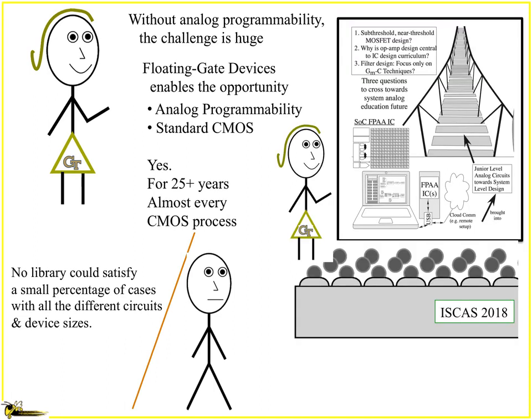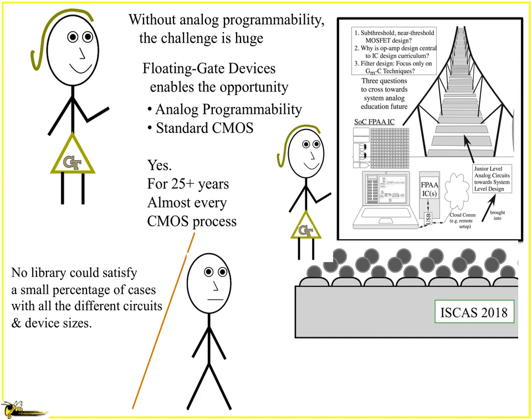What this enables, though, is to rethink analog design. A talk a little over 3 years ago at ISCAS began to approach this, saying there are some key things to think about, both in terms of transistor design, how you begin to move away from op-amp centric design, and how you start to center on transconductance capacitance design.